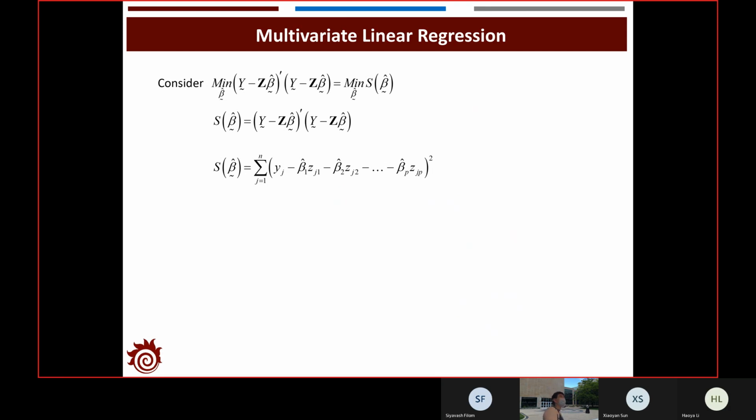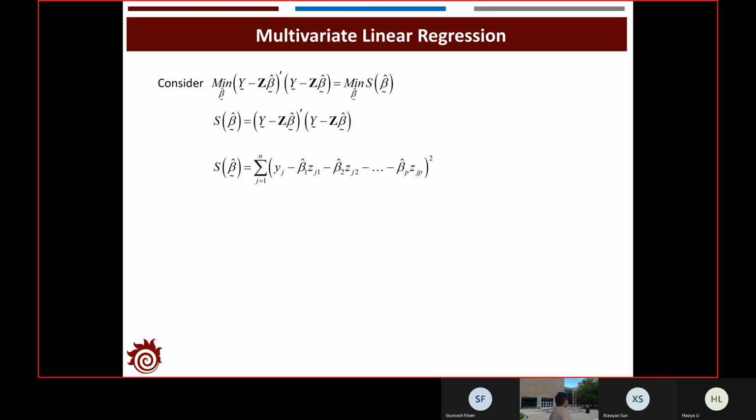And the next thing we have to consider is, you know the formula for S beta hat, and for this minimization problem, we need to know how to find the optimal value of beta to minimize the errors.